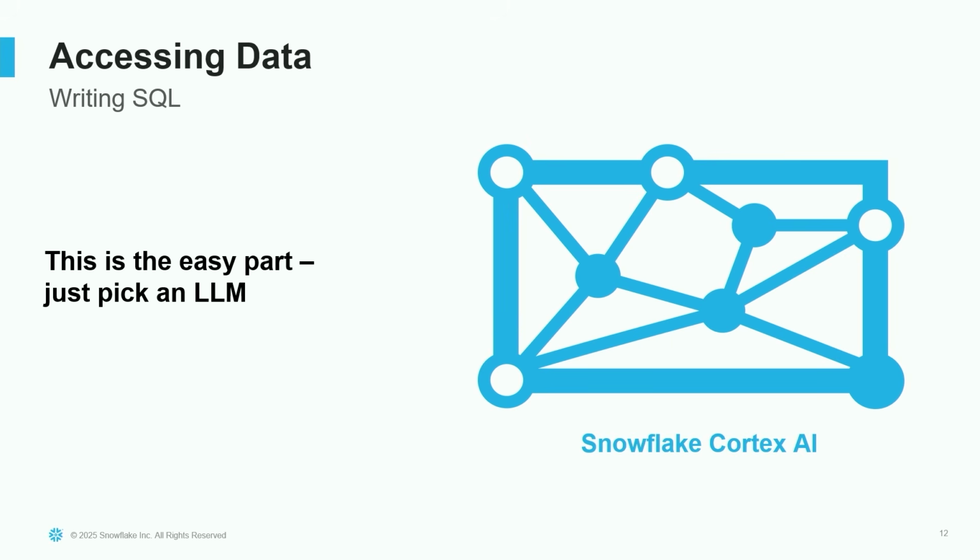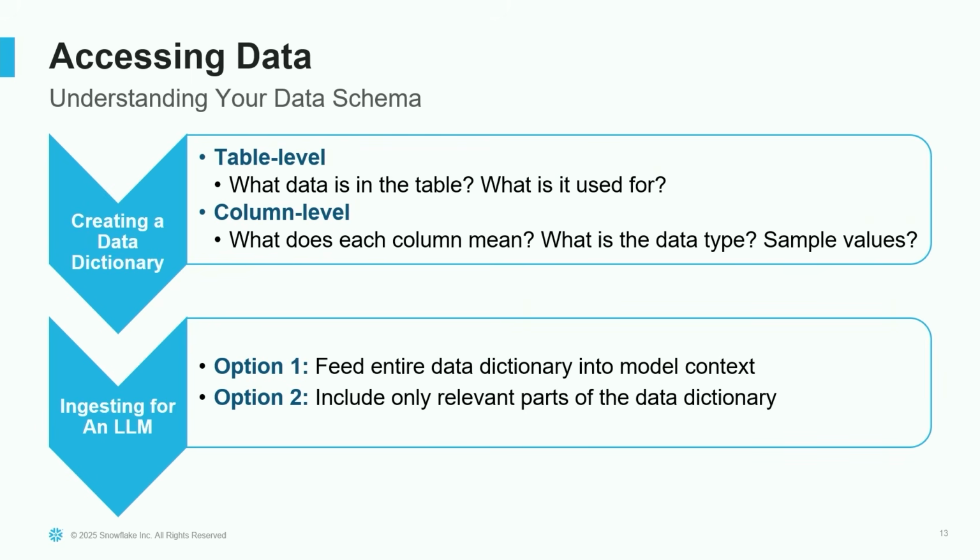You can use Snowflake Cortex AI off the shelf and say, hey, write me some SQL to give me my top 5 customers in the past month, and it will do it. Well, there's a caveat here, right? It will do it if it understands what your data looks like. The real challenge with writing effective SQL is telling the model what your data schemas look like. What's in the tables, what's in the columns, what do they mean?